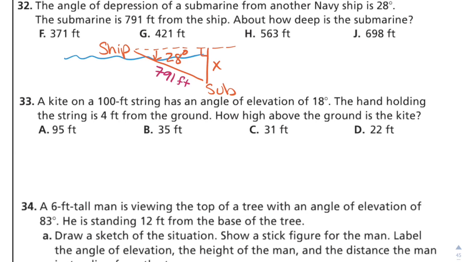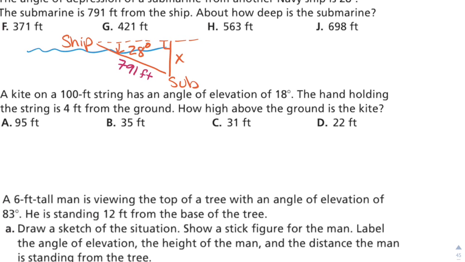It says directly from one to the other, and the shortest distance from one point to another is directly. So the direct distance is from the ship to the sub. So I'm going to be using sine. So sine of 28 degrees is equal to opposite over hypotenuse. So x equals 791 sine of 28.